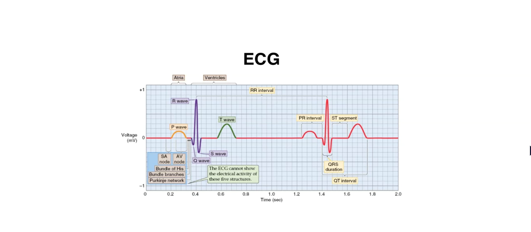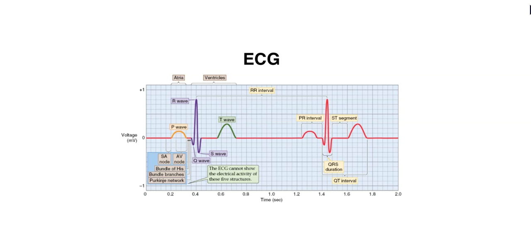If you have a block within the Purkinje system, or within one of the bundle branches, it doesn't mean that you're not going to get any depolarization on that side of the heart. It just means it's going to happen more slowly. Let's say you had a block at the left branch of your bundle of His. That means that the conduction system is not going to allow the left side to depolarize as quickly as it normally would, but the right side is depolarizing fine.